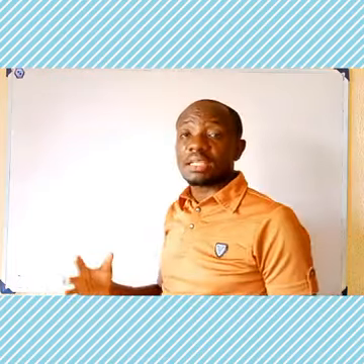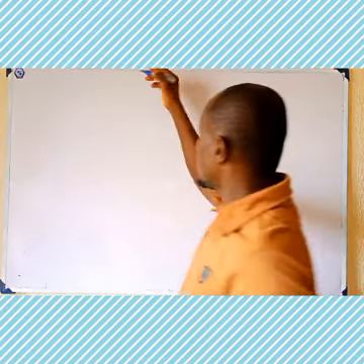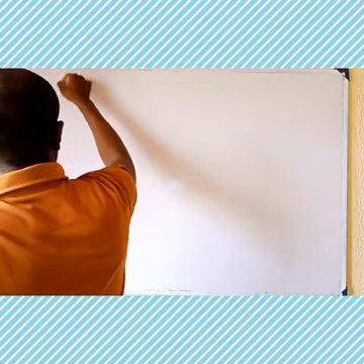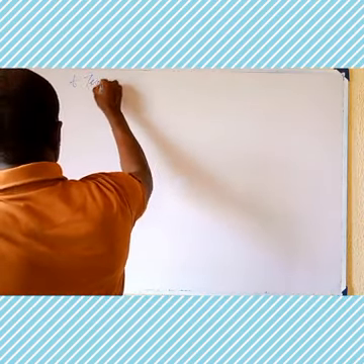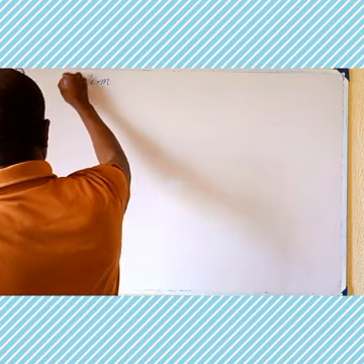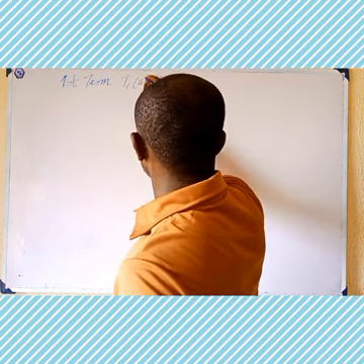Before we go into the first example, let's quickly look at how to generate the terms from the formula, right? Let's look at the first term, T1, which is equal to a.